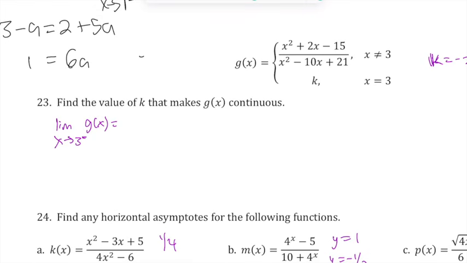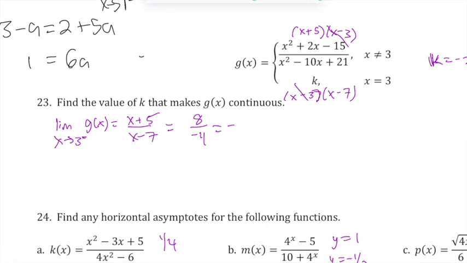So it looks like the top is going to be x plus 5, x minus 3. And the bottom's going to be x minus 3, x minus 7. So when we cancel out, we're going to get x plus 5 over x minus 7. So plug in 3 for x, and we should get 8 over negative 4, which is negative 2.